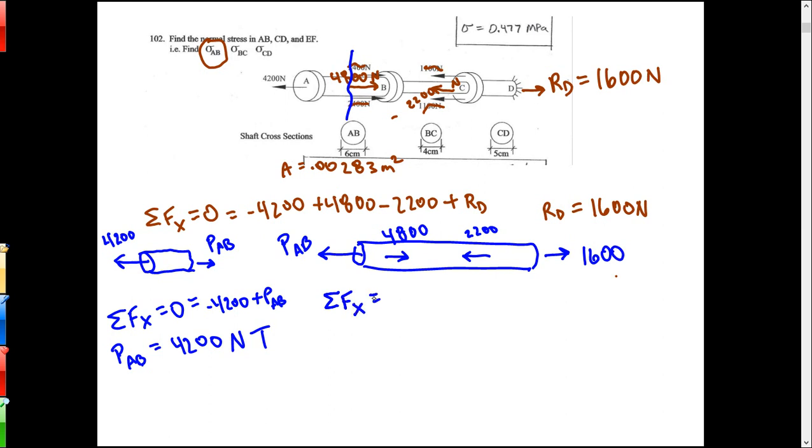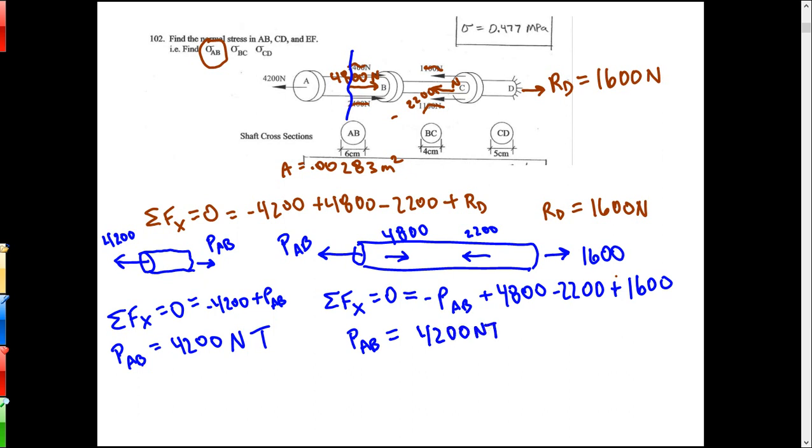I can do the same thing over here, and I can solve for the load in AB. Once again, I'll get a positive 4,200 when I run those numbers.